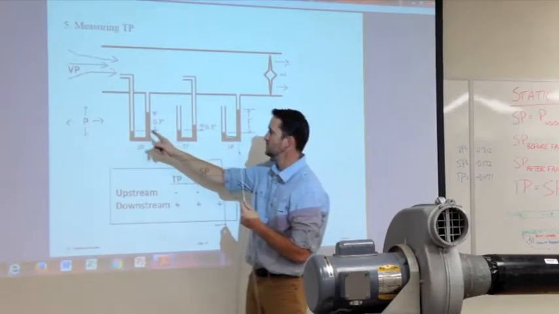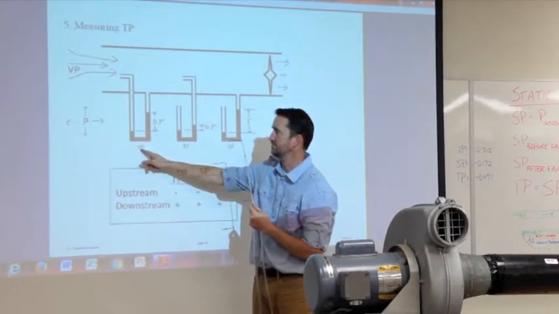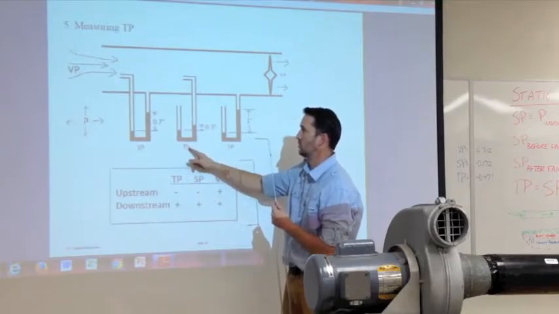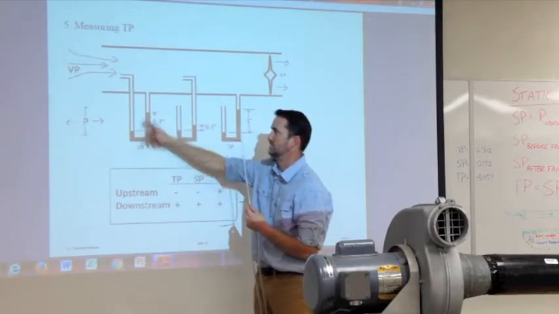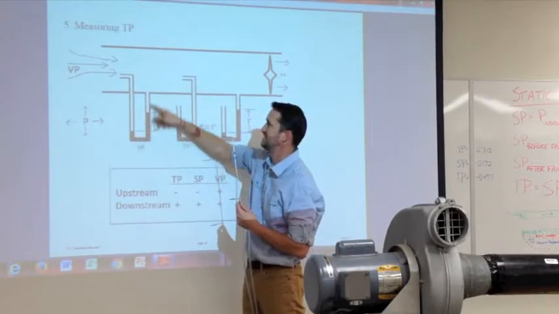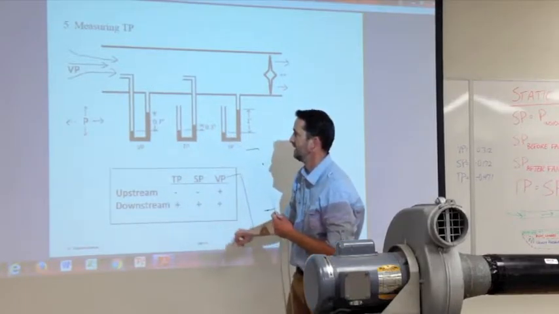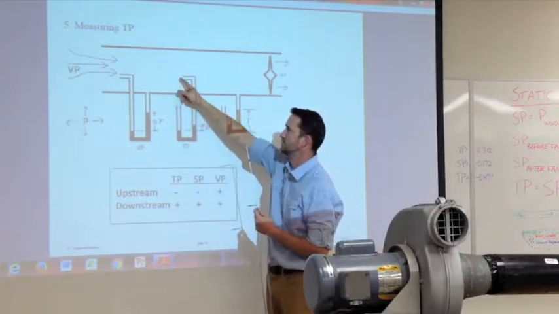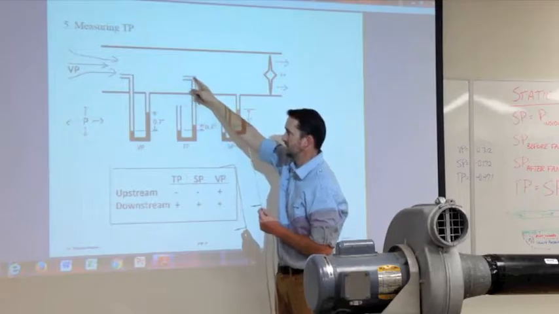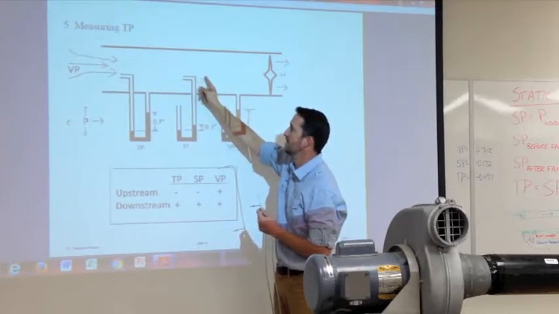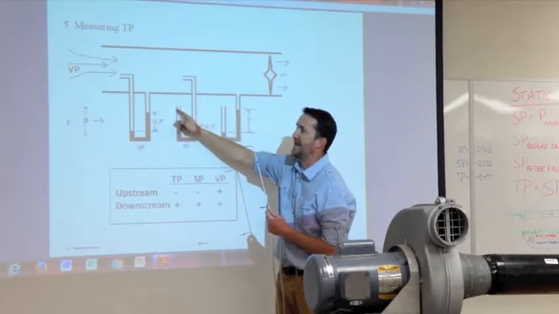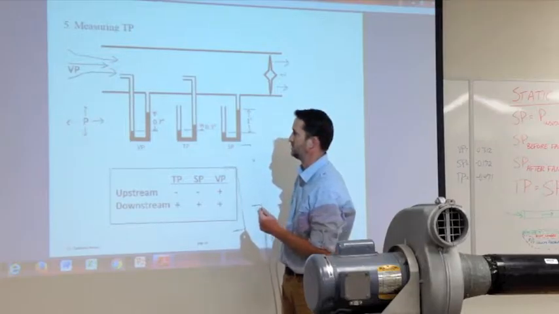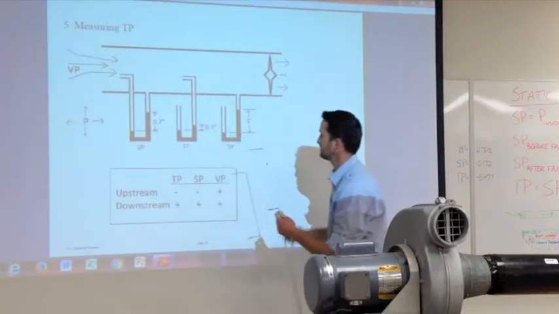Okay. This one gave me the velocity pressure. This one's going to give me the total pressure. So velocity pressure was the velocity pressure minus the static pressure in there. Okay. Total pressure is the velocity pressure, subtracting out the ambient atmospheric pressure, that would be total pressure.